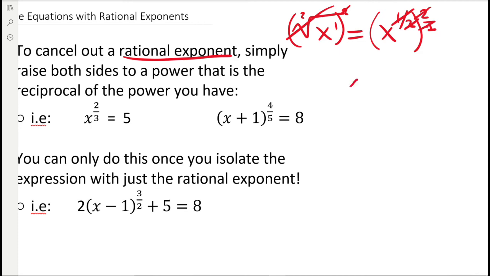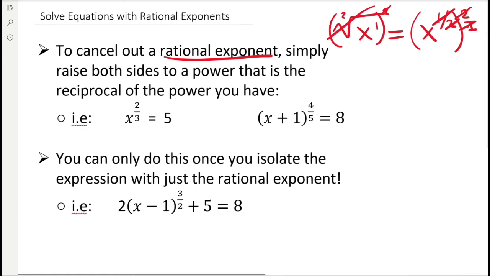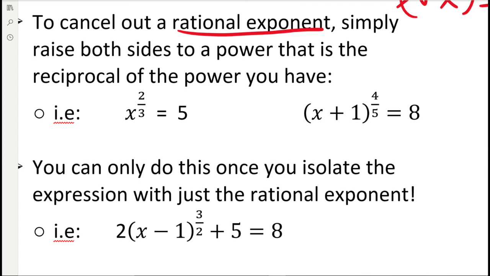I'll give you another example, the one on the bottom. If I have here x to the 2/3 equals 5, I can raise both sides to the reciprocal of 2/3, 3 over 2 power. And then of course I got to do the same thing to the other side. But now that this is a reciprocal, 3 times 2 is 6, 3 times 2 is 6, and so I get 6 over 6, which is 1.